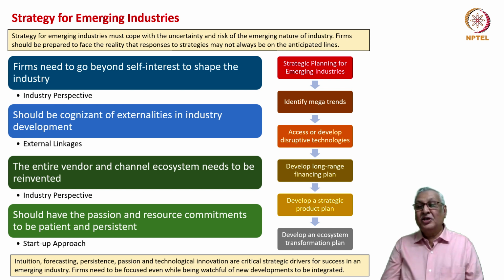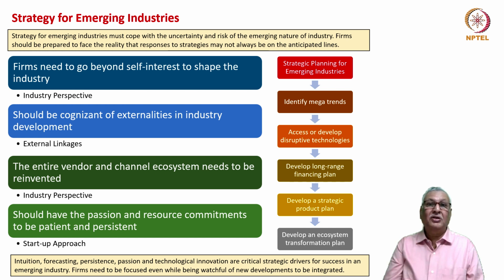To be able to do the strategic planning for emerging industries, we need to identify the mega trends. We have to actually shape the industry based on the mega trends ourselves. We have to access or develop disruptive technologies. We have to develop a long-range financing plan, because results may not come in 5 years or 7 years, may even take 10 years or 15 years.